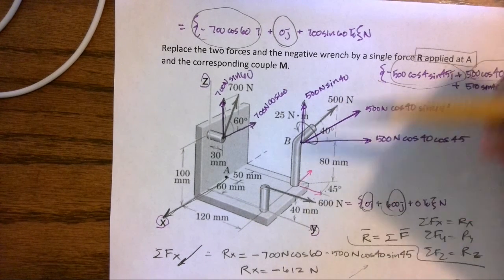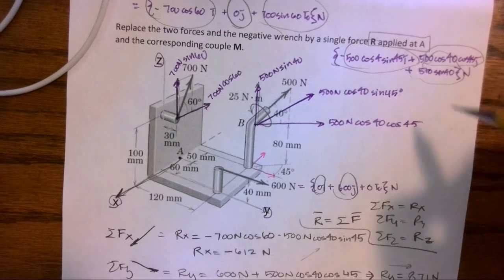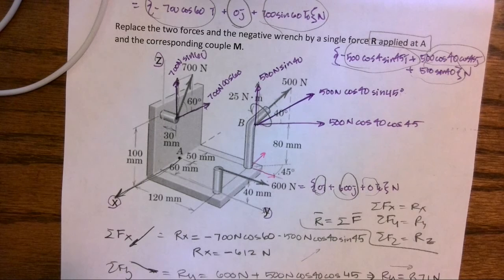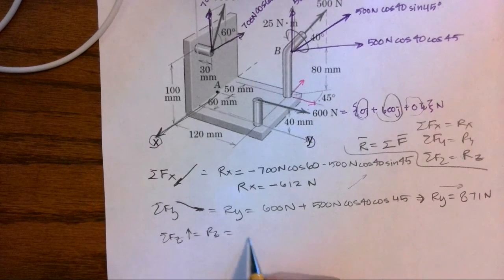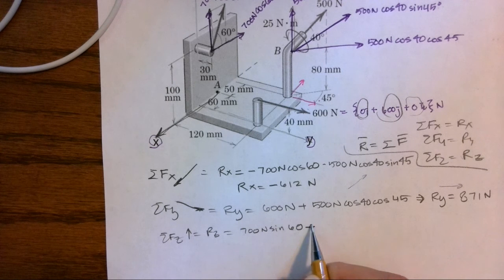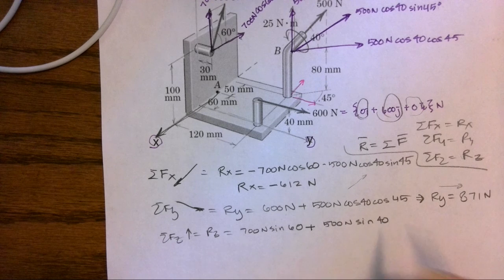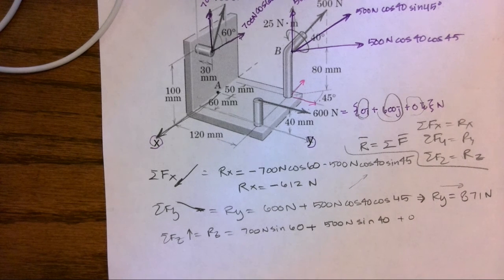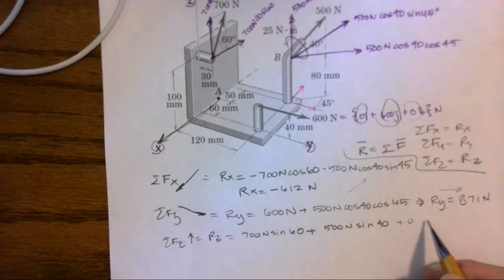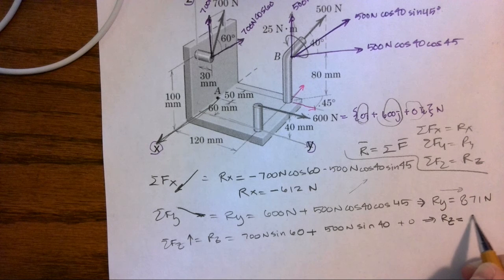Or I can go back to Cartesian vectors, which again is just the components, and sum up 700 newtons sine 60 plus 500 newtons sine 40, plus 0 if I wanted to add that third one in. And I get that my resultant in the z direction is a positive 928 newtons.